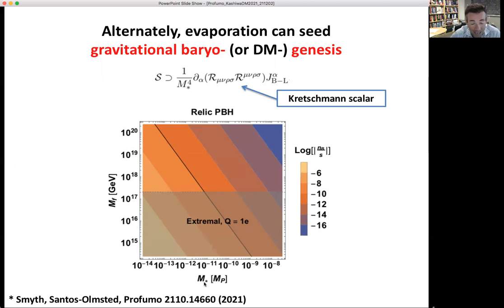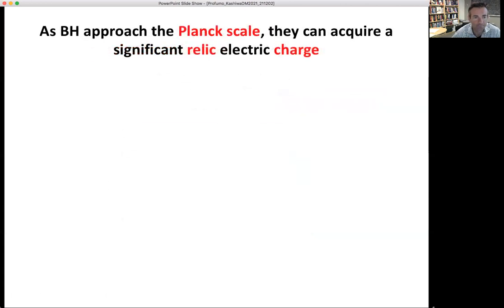Here, the M star on the horizontal axis indicates the suppression scale of this additional operator that we postulate exists and triggers the production, on the event horizon of the black hole, of a biased baryon number density.